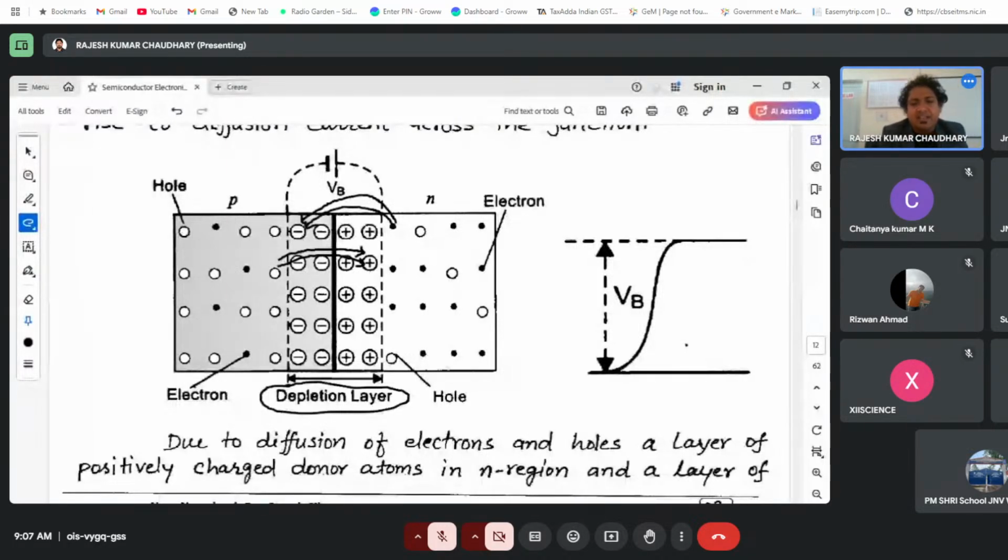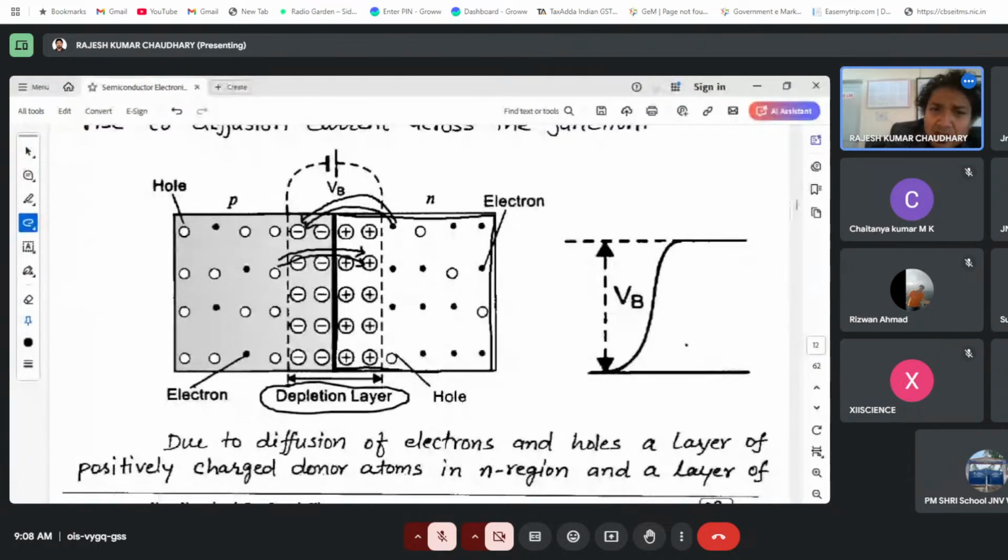Very interesting one, you know. Suppose when they are just connected to each other, in this region there are free holes, and in this region there are free electrons. Why? Because we know that in the n-type semiconductor, the majority charge carriers are what?